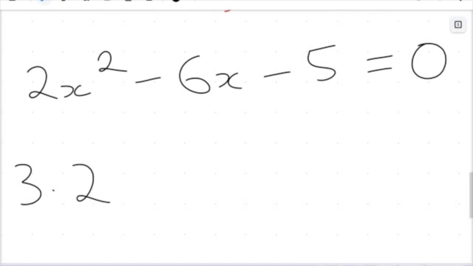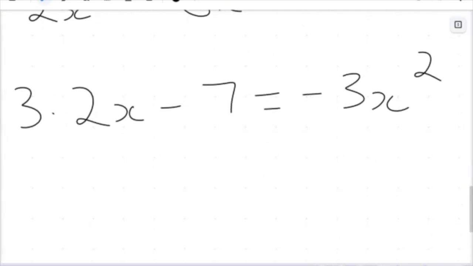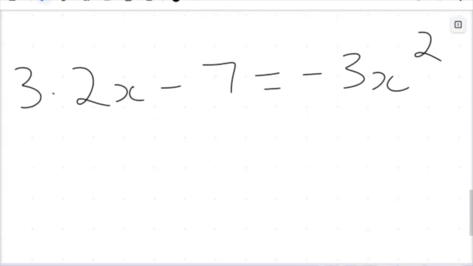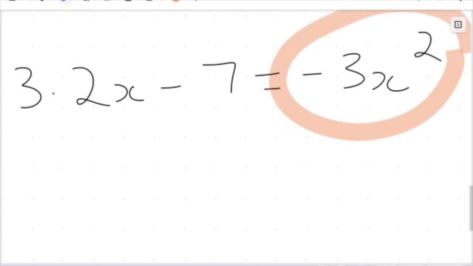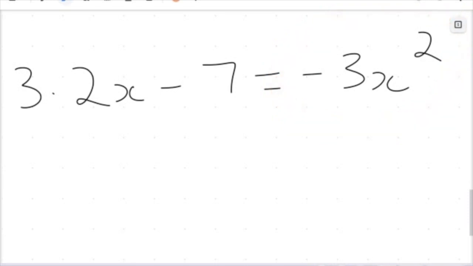Now, our final question in this section, I have 2x minus 7 equals minus 3x squared. Now, once again, I want everything on one side. So I'm going to want to bring this term, negative 3x squared, over to my left-hand side.